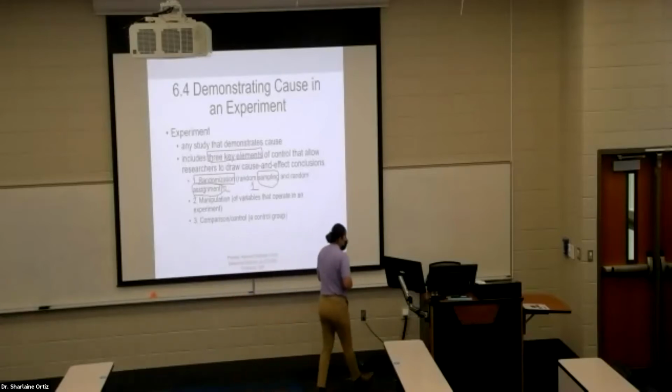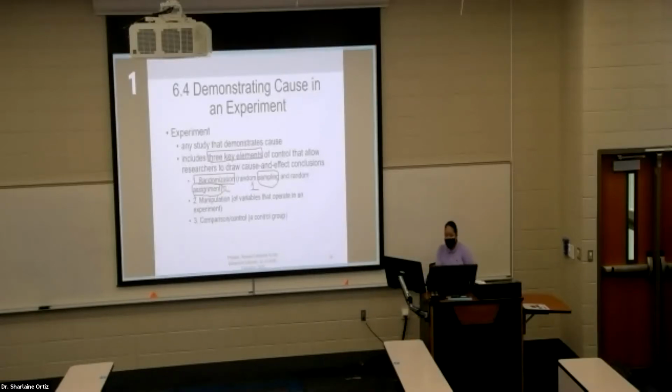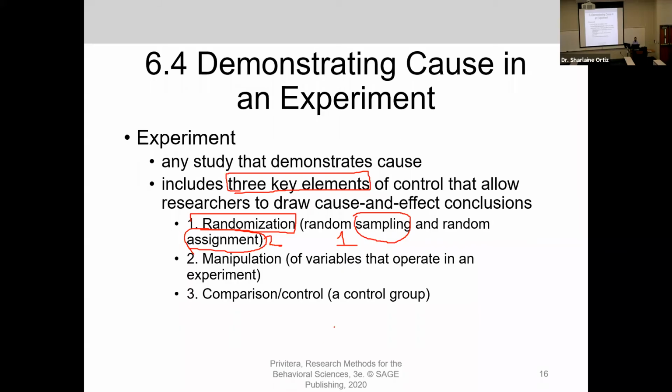And this is where we are going to move to a second factor, which is manipulation. What do I mean by manipulation? Remember that my IV, that independent variable, so for example, the type of therapy, that medication, is manipulated.